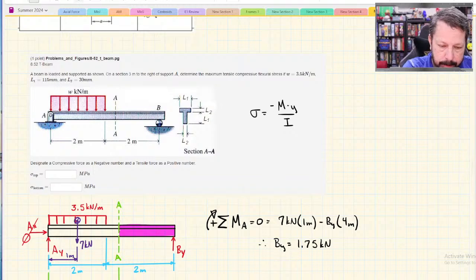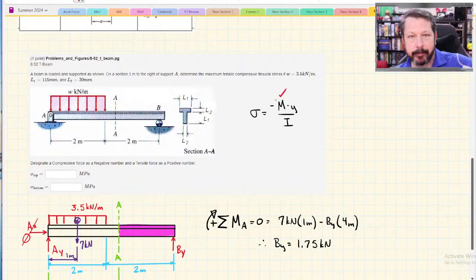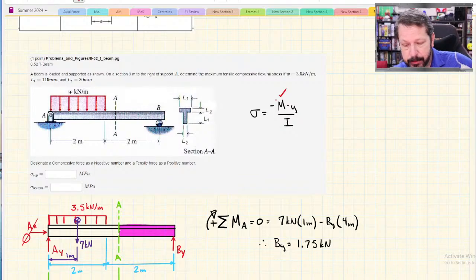So we've got M. So we need y and I. So this y value, now you've got to keep all these y's straight in your head, because when we're doing the moment of inertia, we're going to introduce new values for y. So keep track of which y is defining what value.